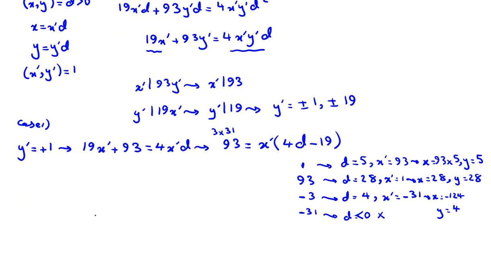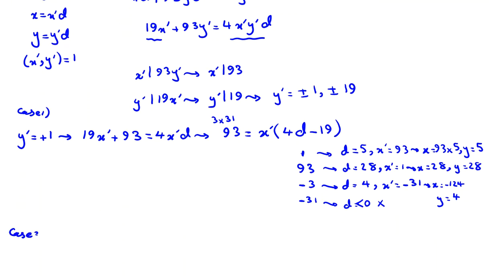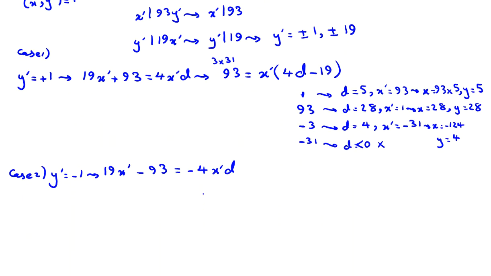Now, the next one, case 2, y' equals negative 1. If we replace y' with negative 1, 19x' minus 93 equals negative 4x'd. Here, if we take this to the left-hand side and factor out x', and take this to the right-hand side, x' times (19 plus 4d) equals 93.